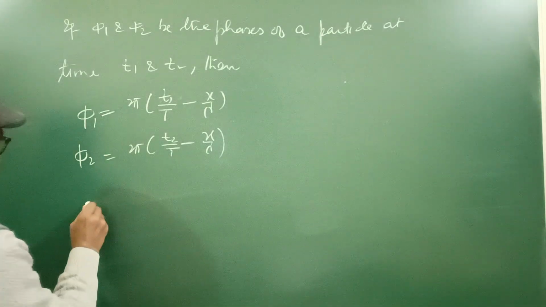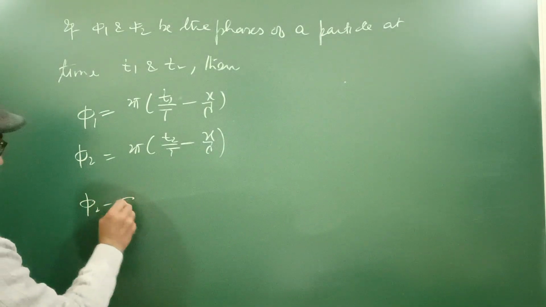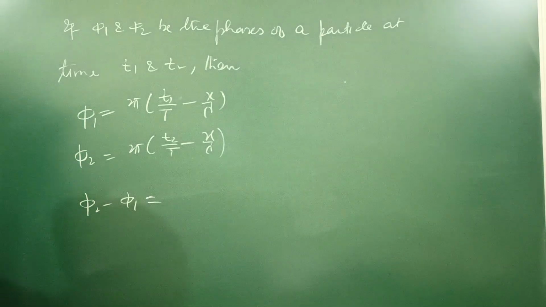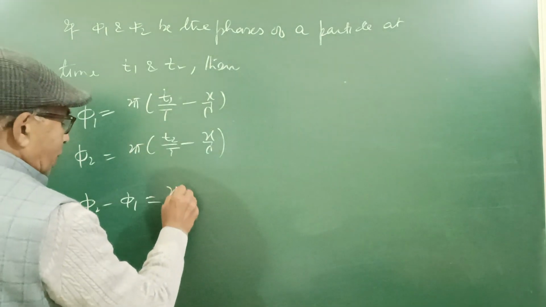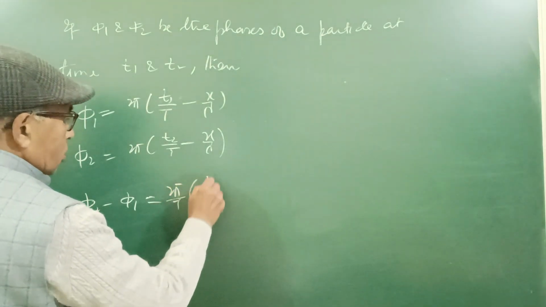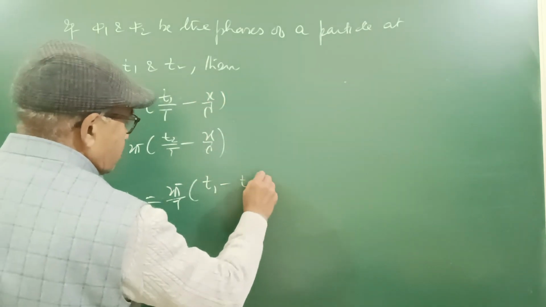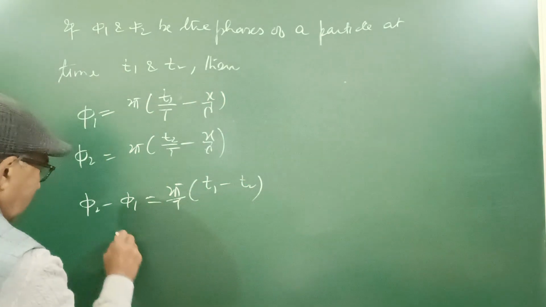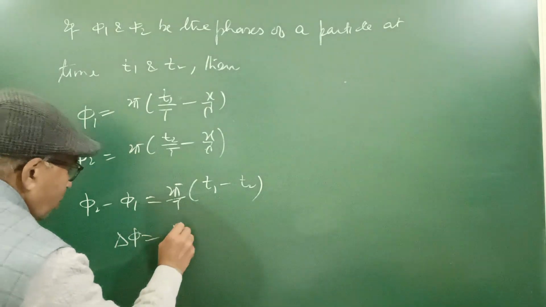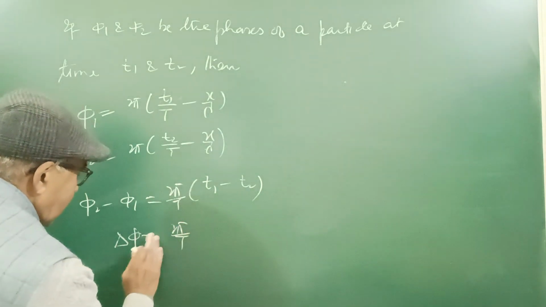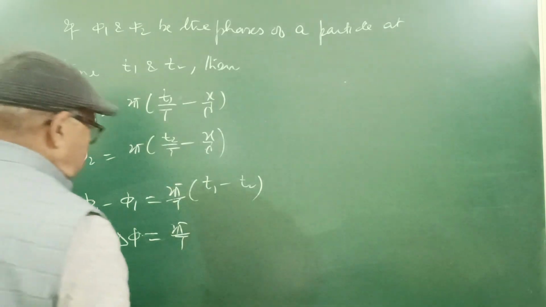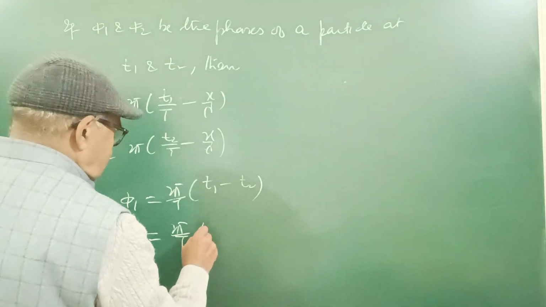And therefore phi2 minus phi1 equals 2 pi upon capital T common, and these will cancel, t2 minus t1. And delta phi we can write as 2 pi upon capital T into delta t.